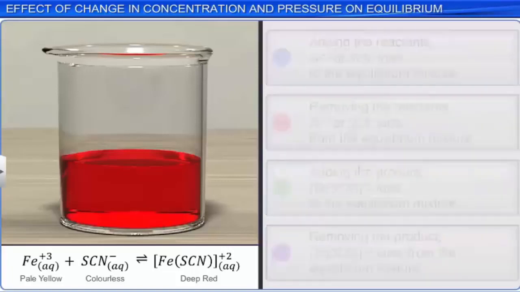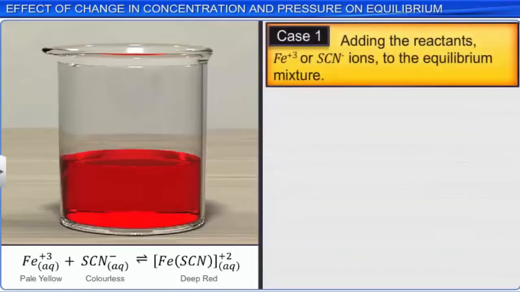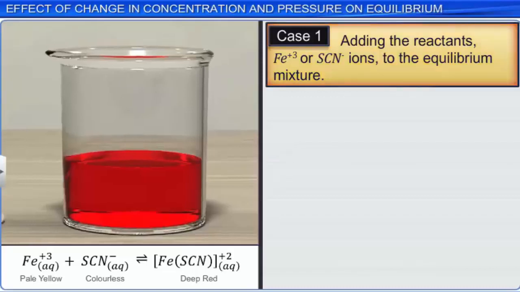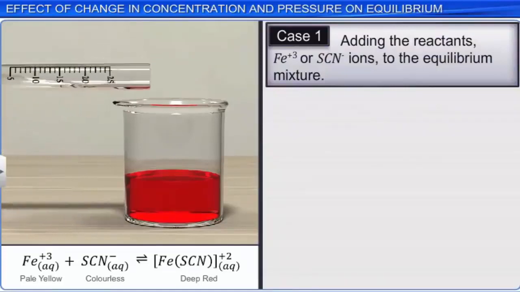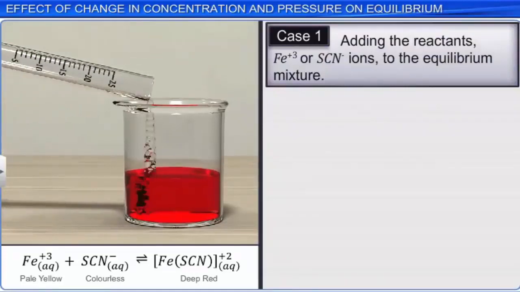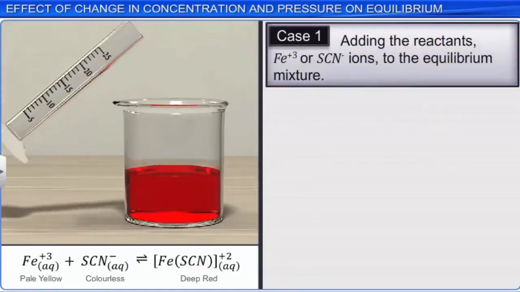Case 1. Adding the reactants Fe3+ or SCN- ions to the equilibrium mixture. Suppose you add a few ml of a solution containing soluble Fe3+ or SCN- ions to the equilibrium mixture. You can see that the color of the solution becomes darker.